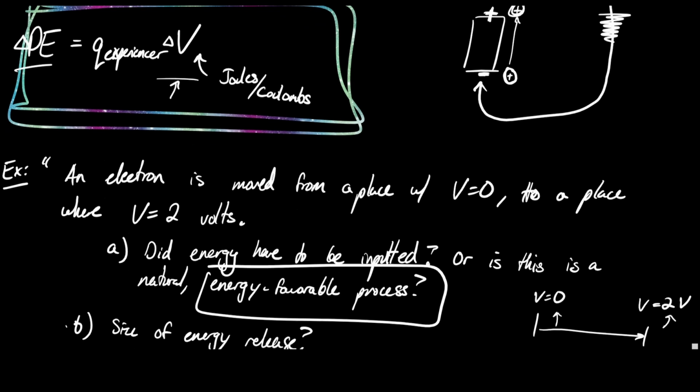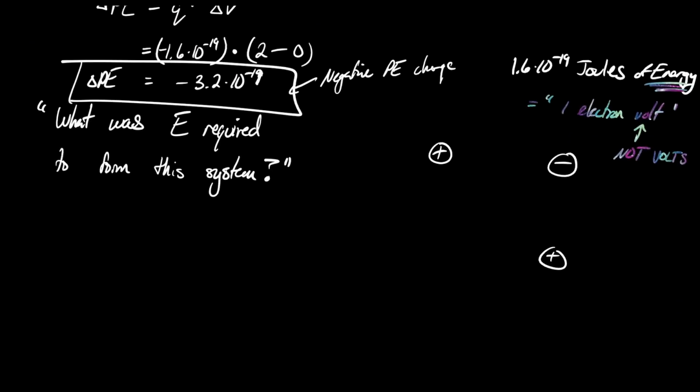It is a unit of energy, and it's equivalent to how much energy you get if you move 1 electron of charge through 1 volt of voltage difference, right? That's how much potential energy happens when you move 1 electron through 1 volt.